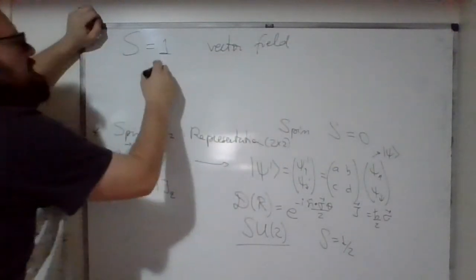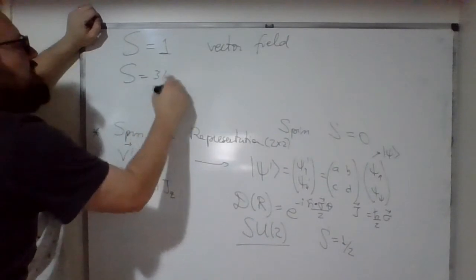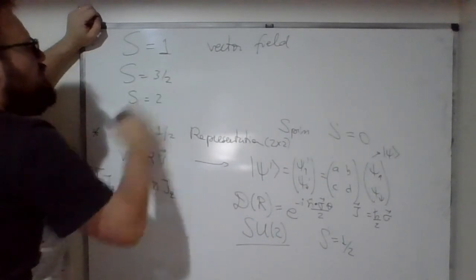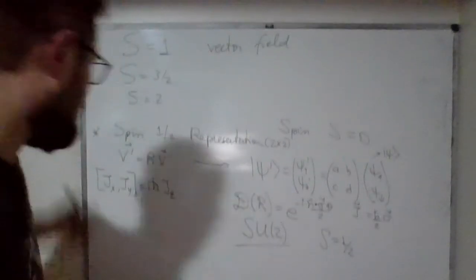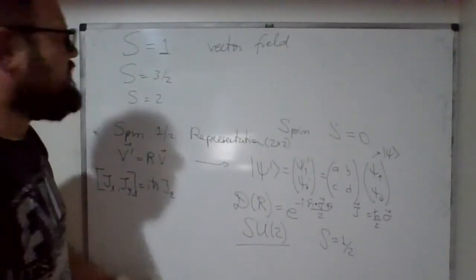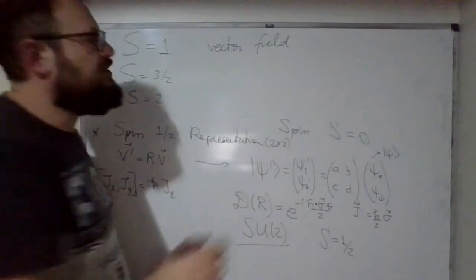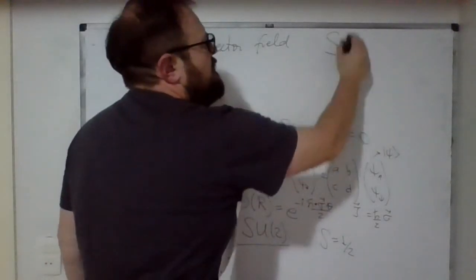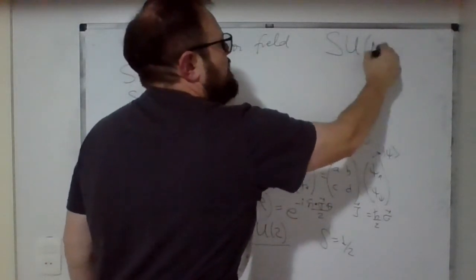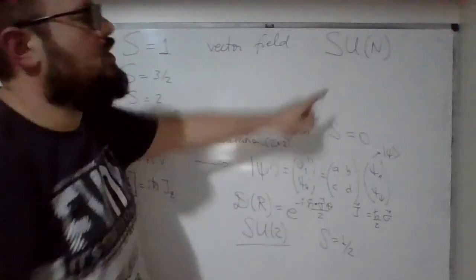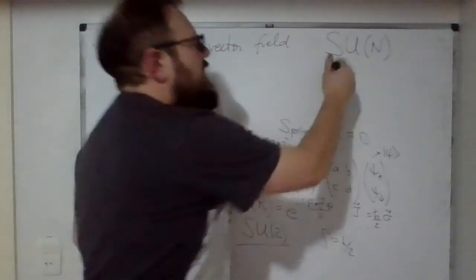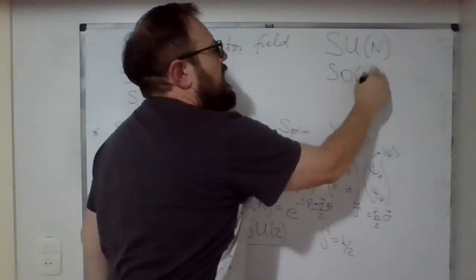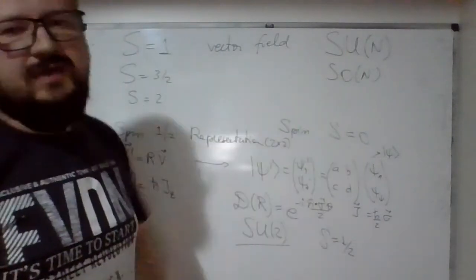And you can go on to spin 3/2, spin 2, and proceed further. You can find matrices, and usually the groups representing rotations are the SU(N), or other groups of SO, and there are also some other representations.